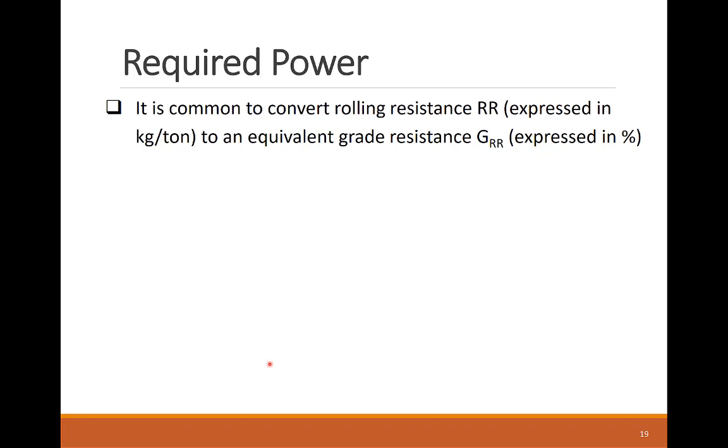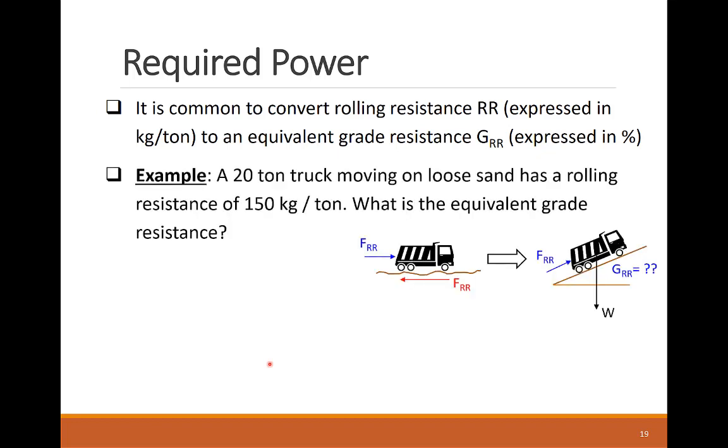This means that we can keep the whole hauling route slope in its given grade percentage, but we will need to transform the rolling resistance, expressed in kilogram per ton, to an equivalent grade resistance. It's like transforming a leveled rough surface with a rolling resistance R, kilogram per ton, into an equivalent smooth sloped surface with grade GRR.